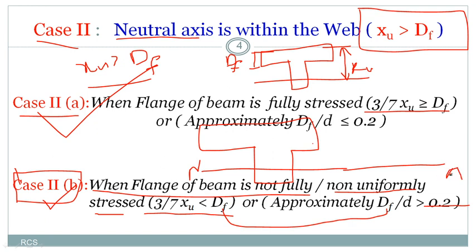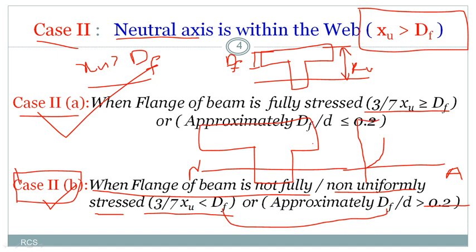Now according to the code assumptions we made when designing flexure members for the limit state of collapse in flexure, the stress will vary parabolically up to 0.002 strain. After that it will be a rectangle.